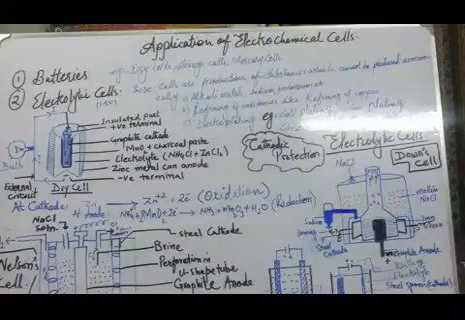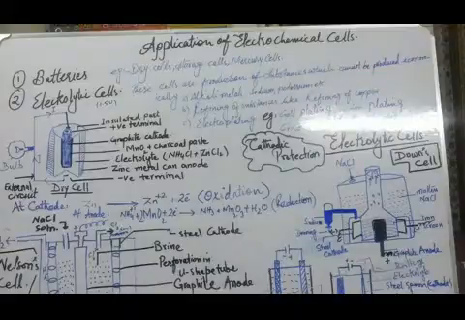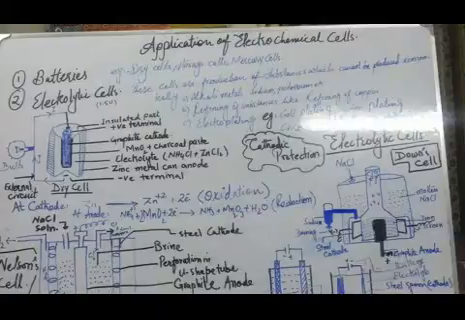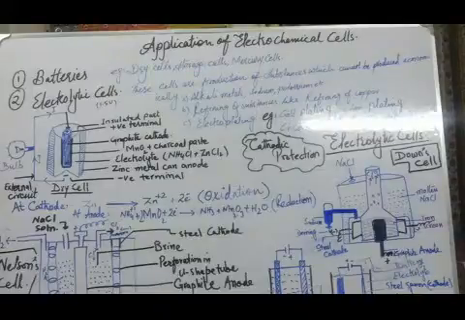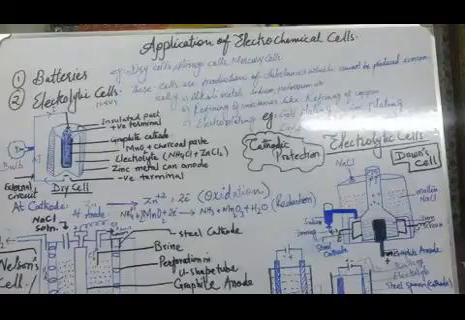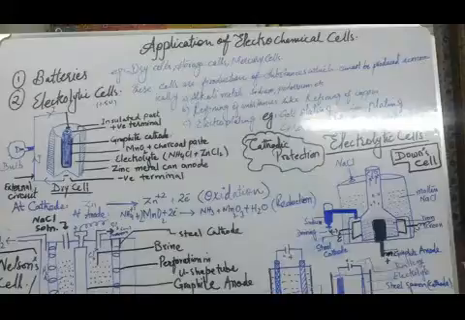The anode melts. As a result, the impurities settle down in the solution, and copper starts melting, which contains the copper ion. That copper ion is deposited on the pure copper cathode after reduction.